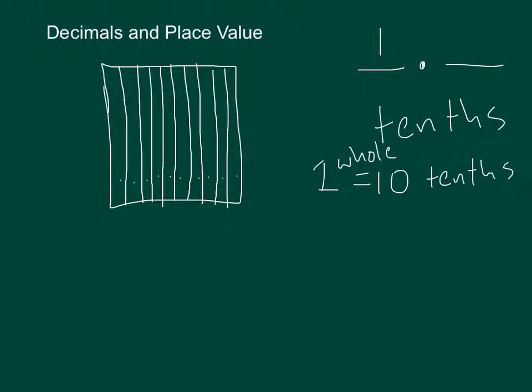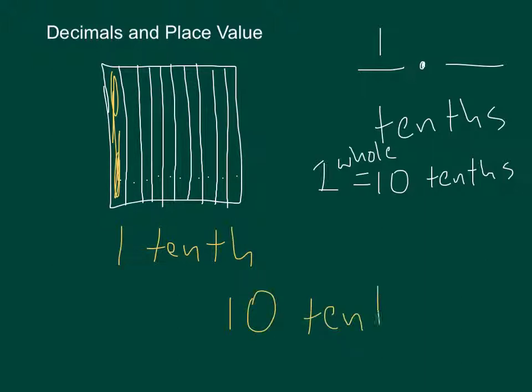If this whole is broken up into 10 pieces, each of those pieces is 1/10. So this piece right here is 1/10. If we wanted to write the number 1 in terms of tenths, we would just write 10 tenths.